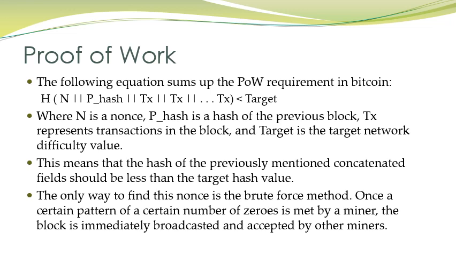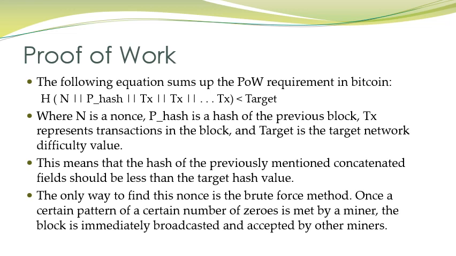The hash value is calculated from the nonce, the hash of the previous block, and the transactions included in the block that was just created. This hash value should be less than the difficulty target. If it is not less than the difficulty target, the miner will change the nonce.